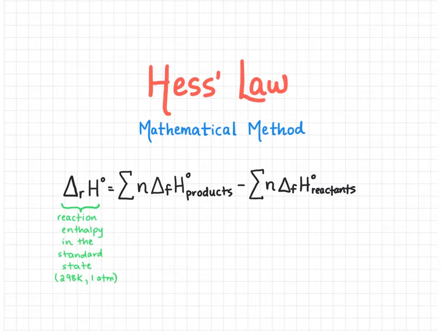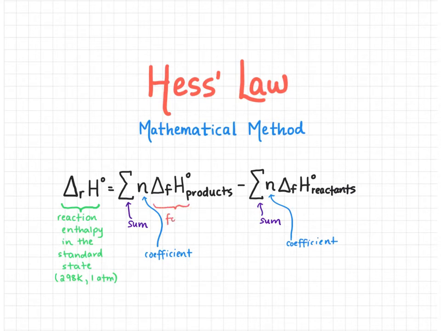This is done by solving for the sum, so that fancy looking E means sum. The n is the coefficient for a given compound, so the number of moles in the reaction. And the delta fH is the formation enthalpy at the standard state.